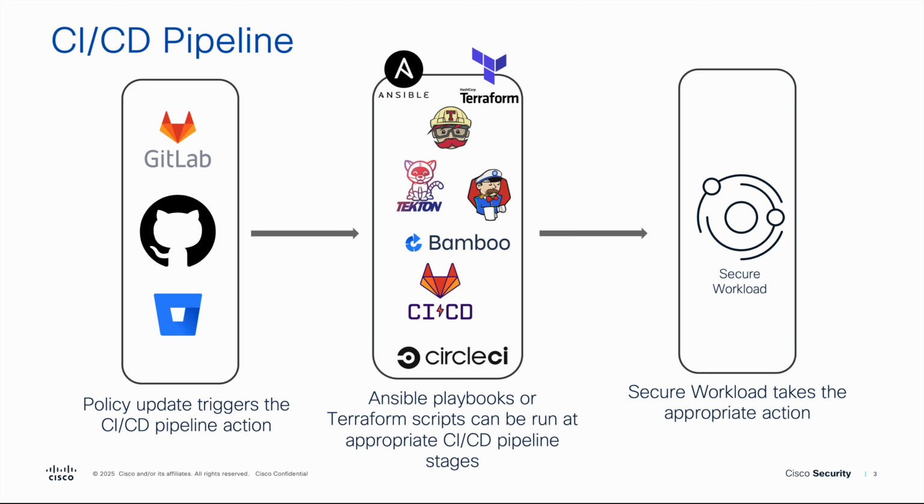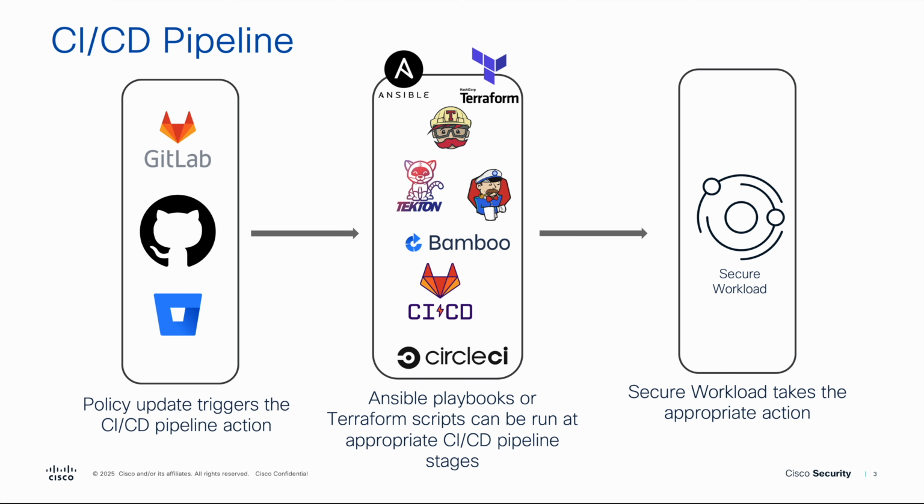Now let's take a look at how the CI/CD pipeline integrates with Cisco Secure Workload. On the left, we can have any version control tool like GitLab, GitHub, and Bitbucket as your code repositories. A policy update in these repositories triggers the CI/CD pipeline automatically.